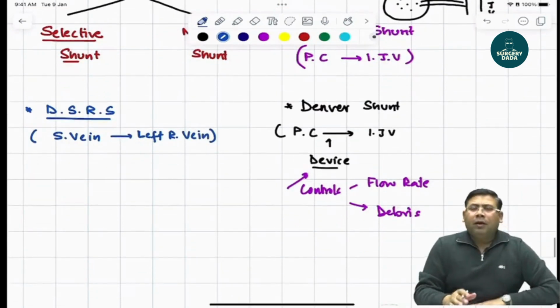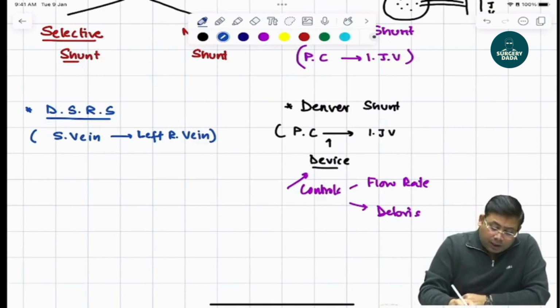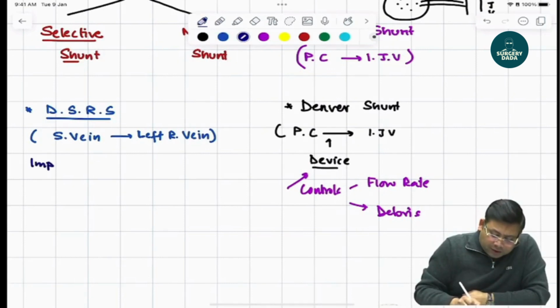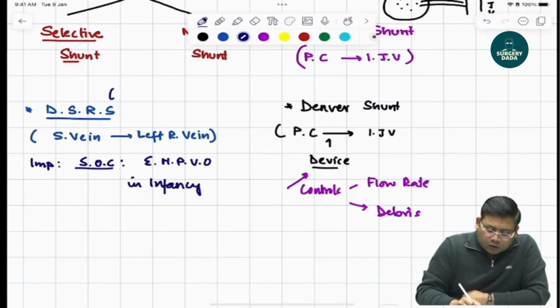The important thing that you need to understand is it is the shunt of choice for extra hepatic portal vein obstruction in infancy. This is also known as Dean-Warren shunt, which is another name for the same distal splenorenal shunt.